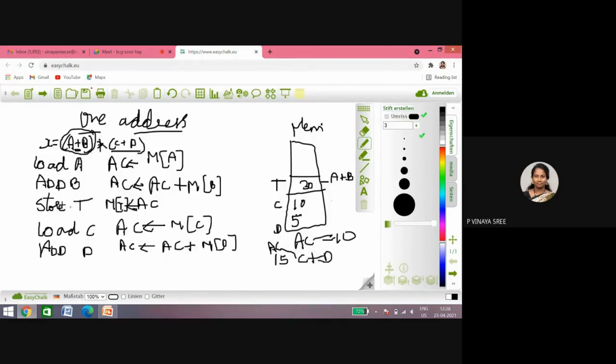Now we need to perform multiplication. In order to do multiplication, one operand is already here, and we need to do mul. Tell me what we need to do. One of the operands is present in the accumulator, the other operand is present where?